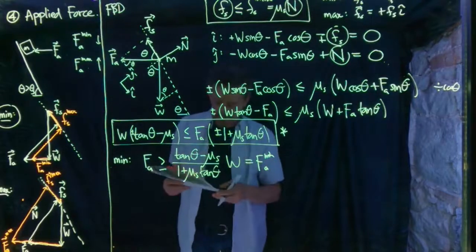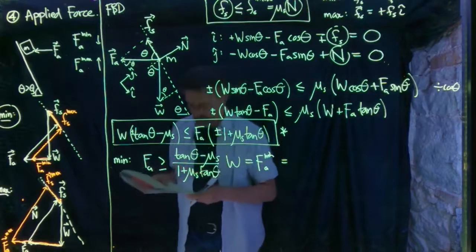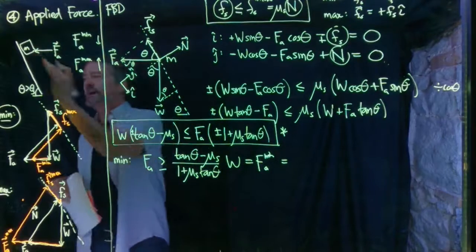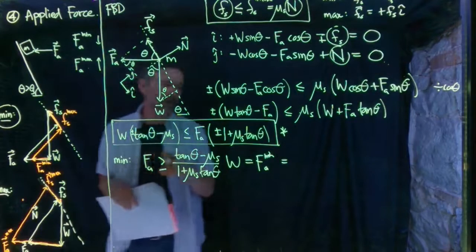Then you think about this a little bit, and there's a couple of cases that you want to look at. One of them is when theta is equal to theta static. We started with theta bigger than theta static, but now we can crank theta down until it becomes just equal to theta static.